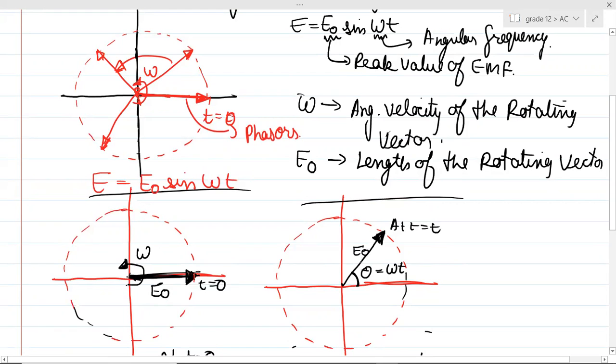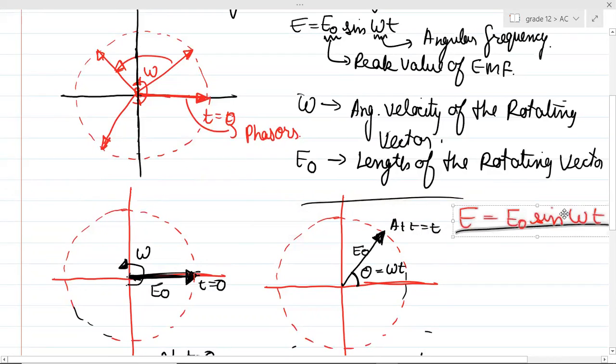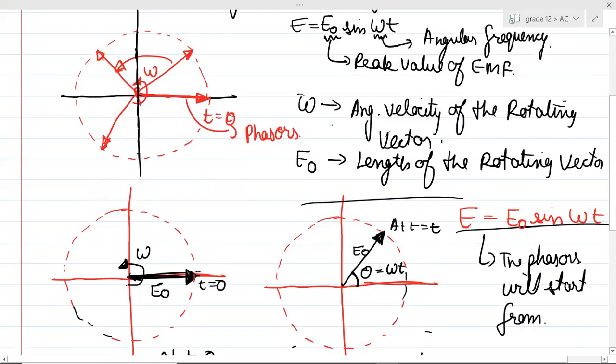So this is also E naught. Is this clear, guys? Did you understand this much? Yes, sir. Okay. Always remember, the phasor for E equals E naught sine omega t will start from the positive x-axis.